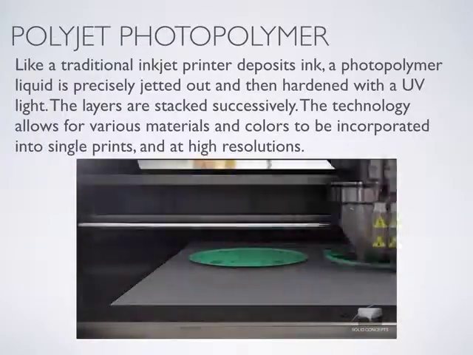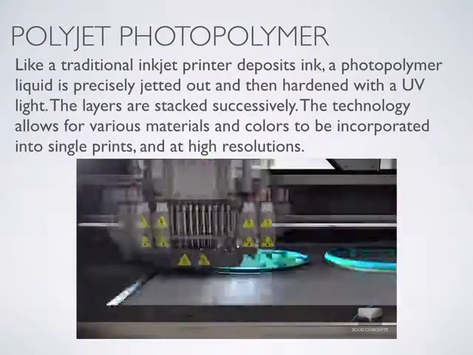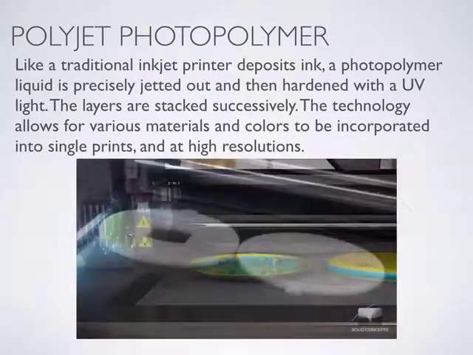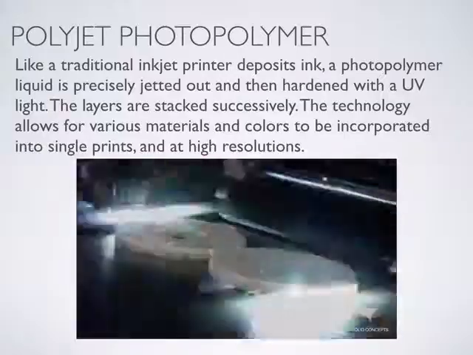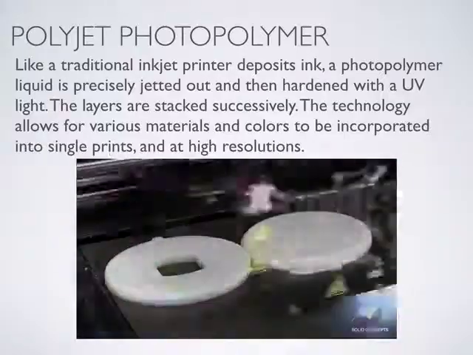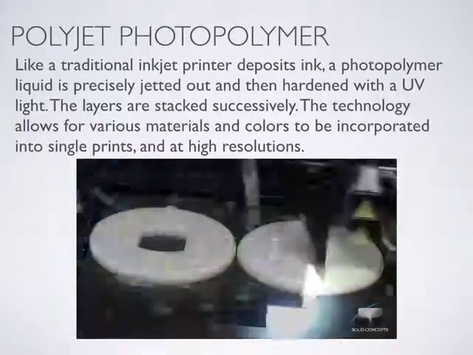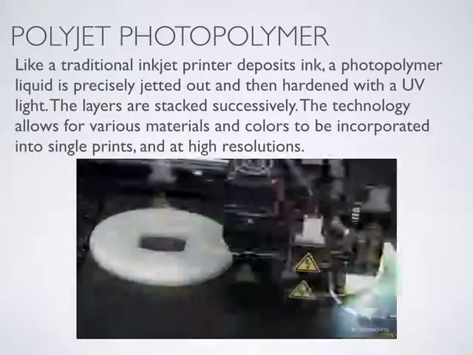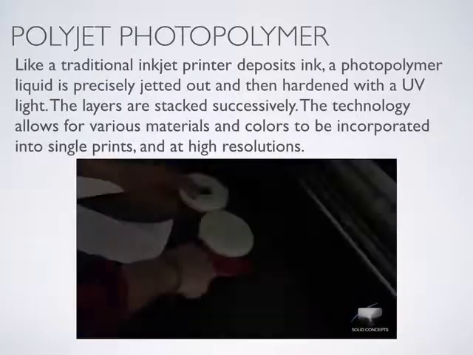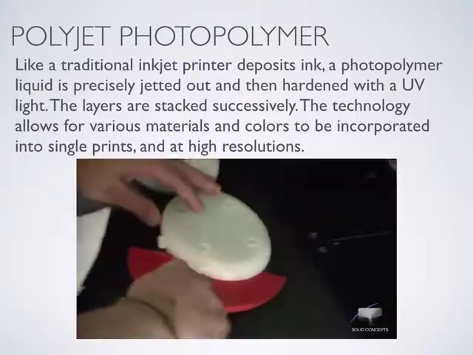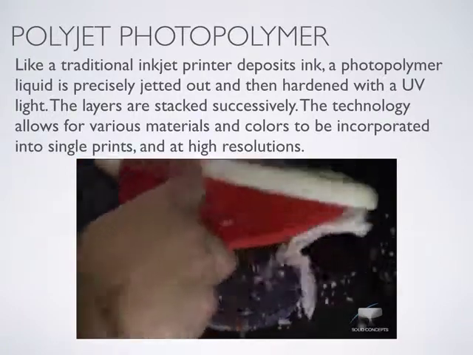Once a cross-section is complete, the build platform is lowered slightly to make room for the next layer. As the part is built, support material is added to give supplemental strength to fine structures and down-facing surfaces. After all of the layers have been created, the finished part is removed from the platform and cleaned.